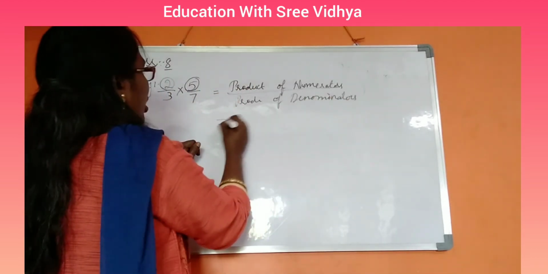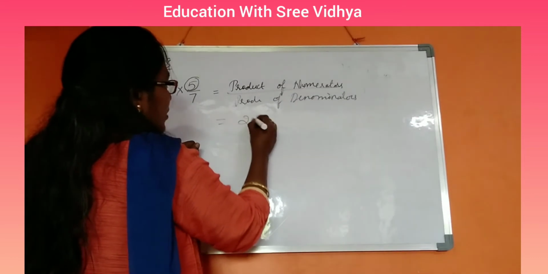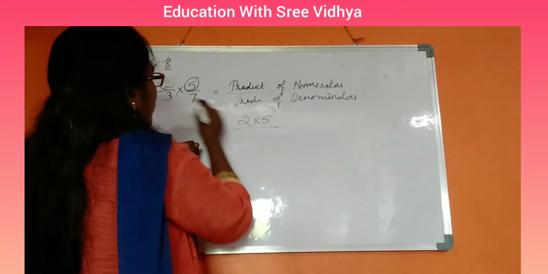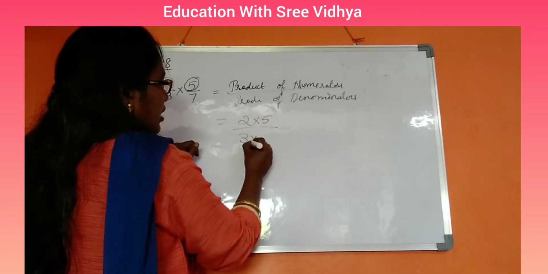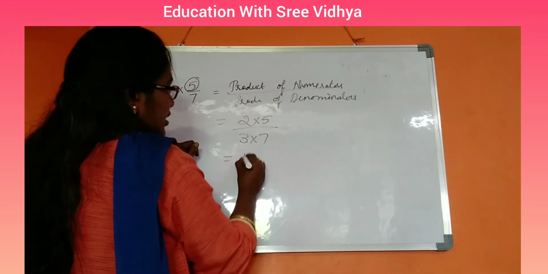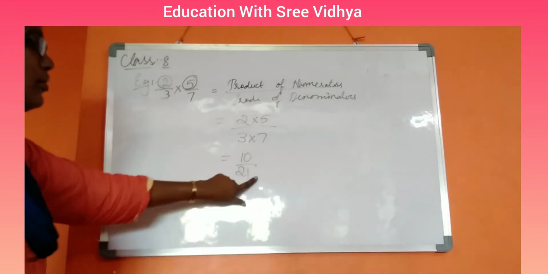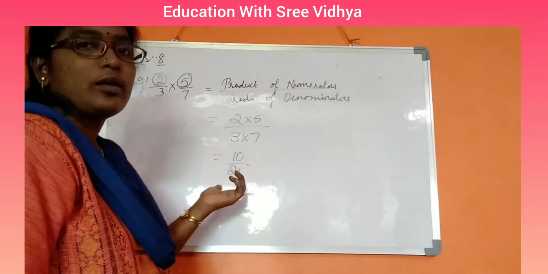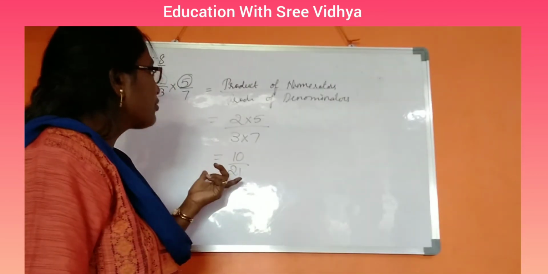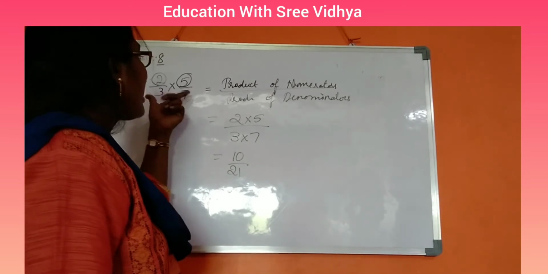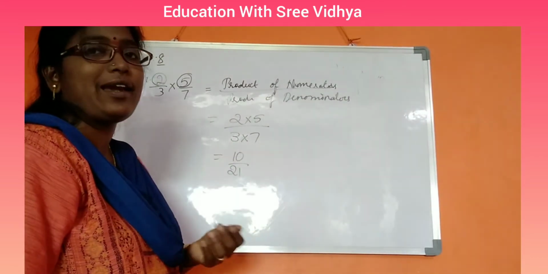So the product of numerators 2 multiplied by 5 divided by the product of denominators 3 multiplied by 7. So 2 5s are 10, 3 7s are 21. So this is the answer. Hence we can conclude that multiplication of rational numbers is easier than addition and subtraction.